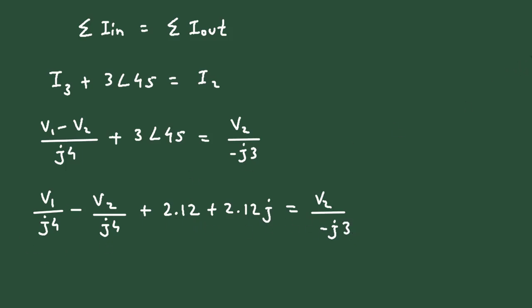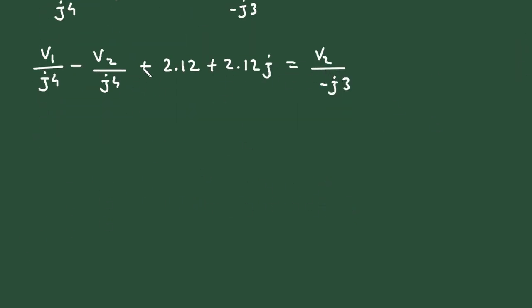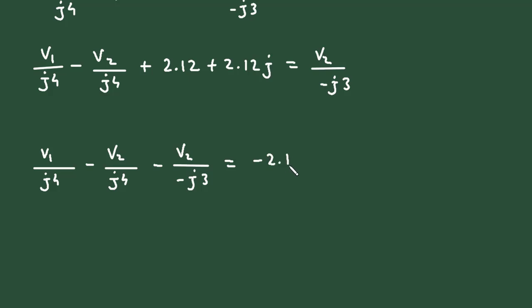So now we can take this on left side and this part on right side. So V1 divided by J4 minus V2 divided by J4, and this will be minus V2 divided by minus J3. It is equal to minus 2.12 minus 2.12 J.